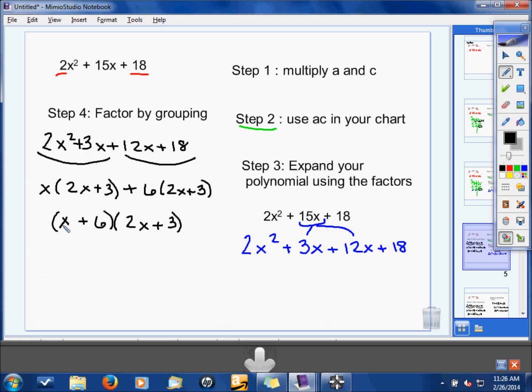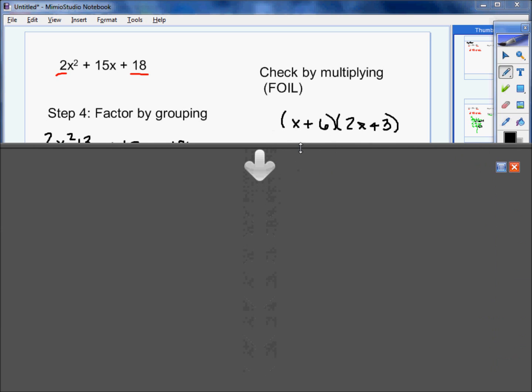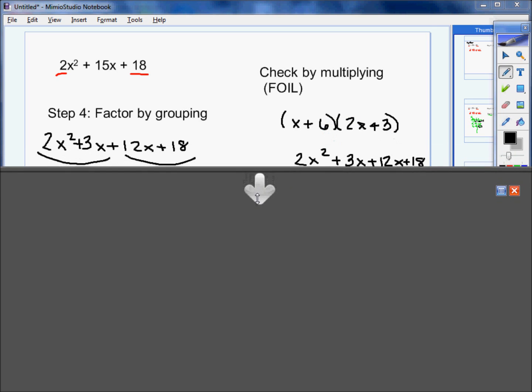Now, how would I check that to make sure it's right? FOIL. Good. We would multiply it back out. Most of the time we think of it as FOIL, so we're going to check it. First terms are x times 2x, which is 2x squared. Outers would give you 3x. Inners will give you 12x, and the lasts would give you 18.